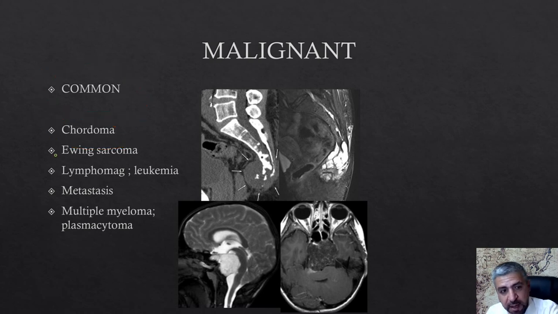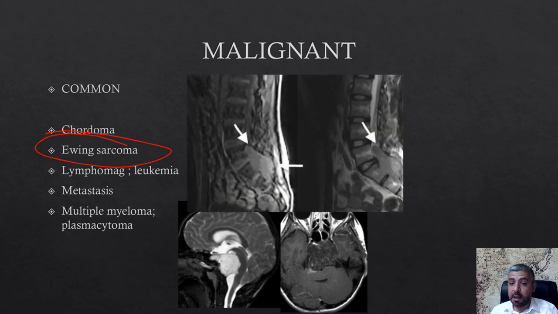Also in the common category we will put Ewing sarcoma, and as I always tell my residents, Ewing sarcoma, it's a bone marrow tumor. It arises from the bone marrow. So the bone marrow should be abnormal, and it almost always, keep in mind, almost always has a large soft tissue component.